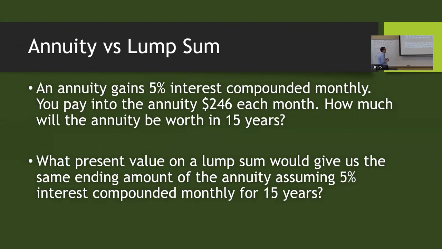Let's imagine that I have an annuity. And that annuity is going to pay 5% interest compounded monthly. I'm going to pay $246 each month.